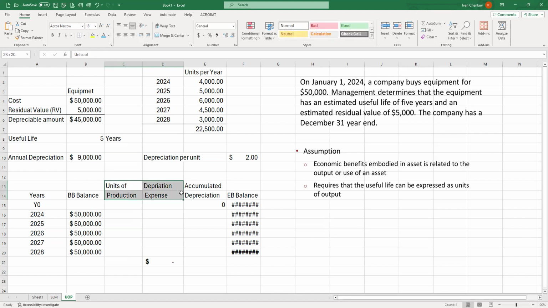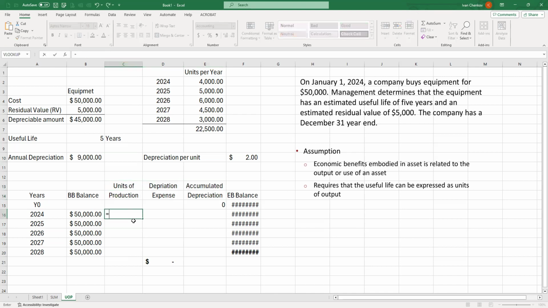So we have our units of production. What we need to do is just plug those units in. And that will be a number here, not a dollar amount.